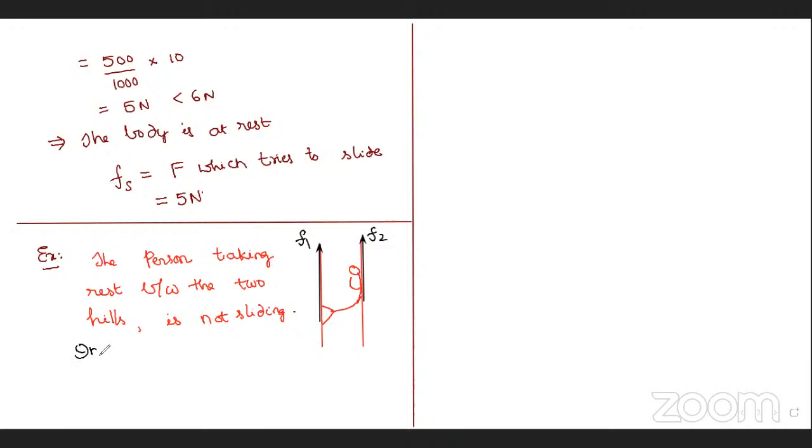In the figure, given that F1 is equal to 2F2. Mass of the person, Indian standard weight, 60 kg.